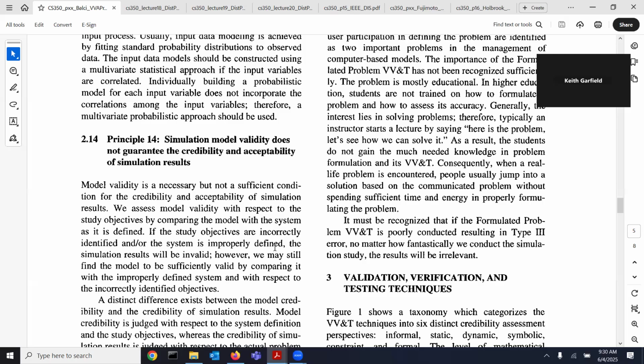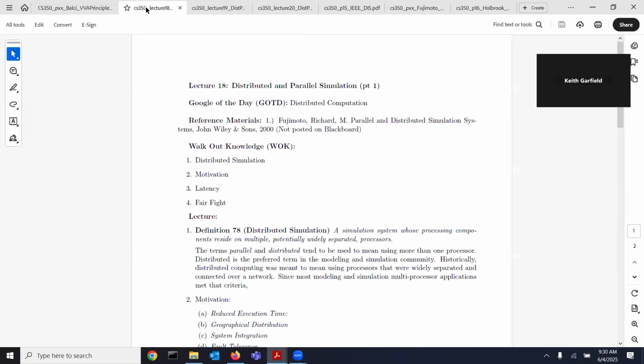Okay. So that was verification and validation. The next couple of lectures have to deal with distributed and parallel simulation. And I think it brings in some really interesting topics.